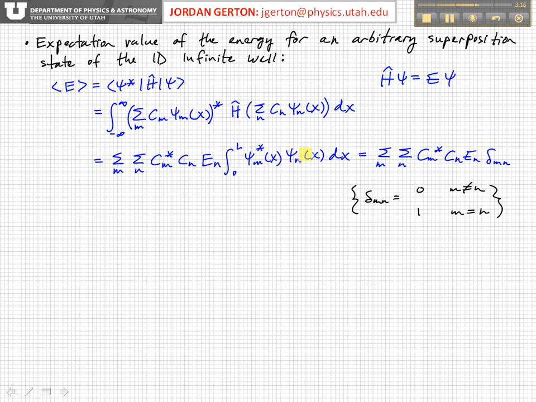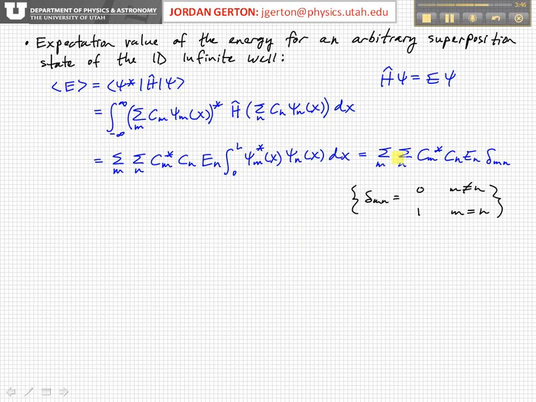So an orthogonal set, a complete set, which means that this inner product of two basis states is 0 unless n equals m, and that can be represented by this Kronecker delta function. So this integral of the product of these two states is 0 unless n equals m, in which case it's 1.